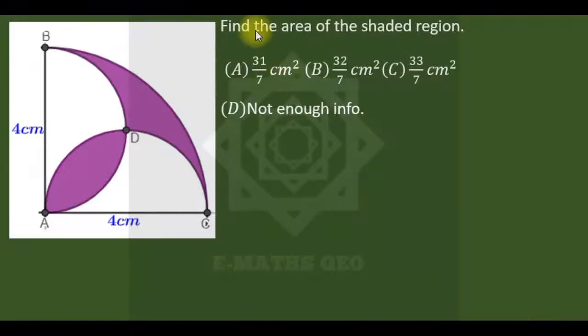Okay, we are asked to find the area of the shaded region. I will use a fast formula: whenever you are given this kind of diagram, as long as this is a quarter circle and the lengths here and here are the same, we use this formula.